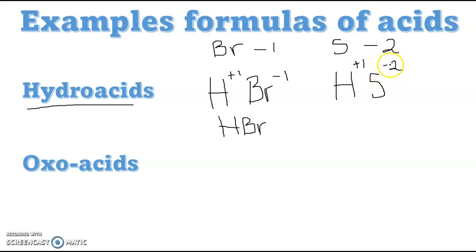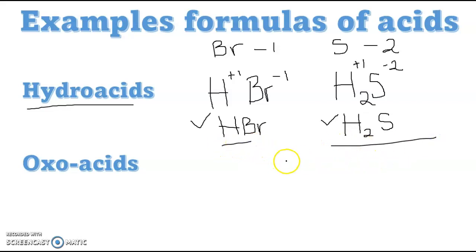I have two for negative numbers and only 1 for the positive, which means I need to increase the positive numbers a little bit. More exactly, with a 2 here, and then my formula is going to be totally balanced. And that's it. Those are the final formulas for my hydroacids. We are not looking at nomenclature, that's all we are going to cover, just proposing formulas.